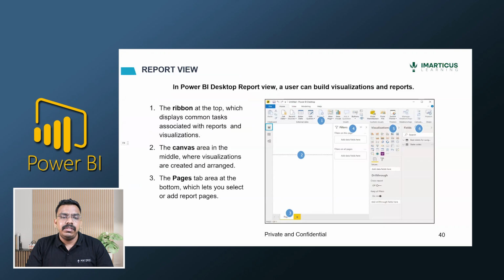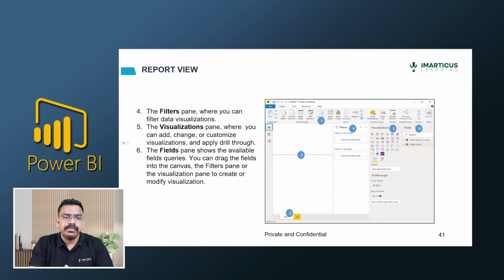In the middle, the canvas area is where you can create visualizations, charts and graphs, or you can create dashboards. On the bottom, you can see the page tab, where you can create multiple pages or multiple reports.